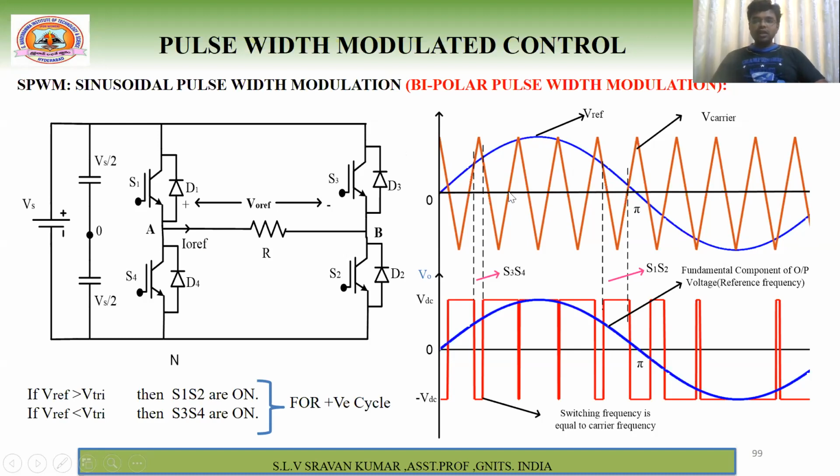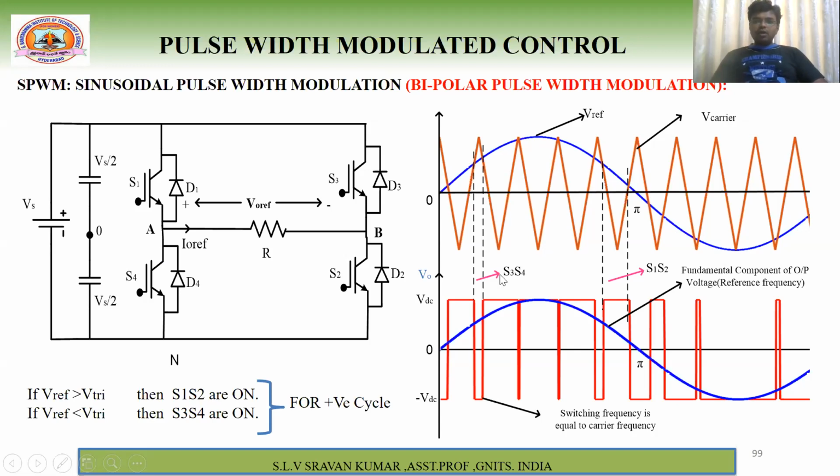So this blue color waveform is the sine wave, which is called the reference waveform. Next, this waveform we are calling the carrier wave, right? Here, for half cycle of the waveform, more carrier cycles are presented. That we'll discuss later.